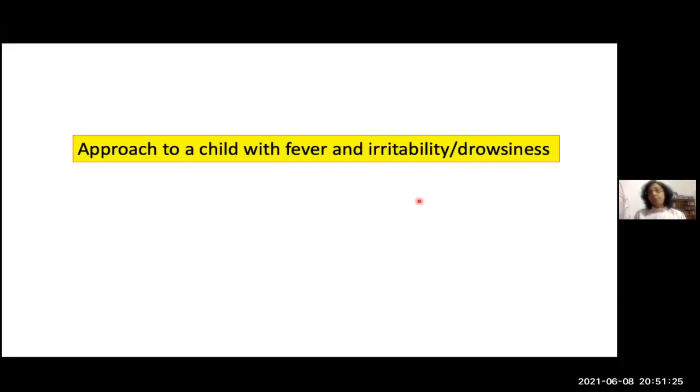So you need to take a very good history to find out whether the baby is irritable and drowsy in between fever as well. If so, it's very significant. It indicates CNS irritation. If the child is ill and irritable only during the fever, but very well in between fever, playing and eating, you don't have to worry too much. But in between fever, if the child is not right, that is significant.